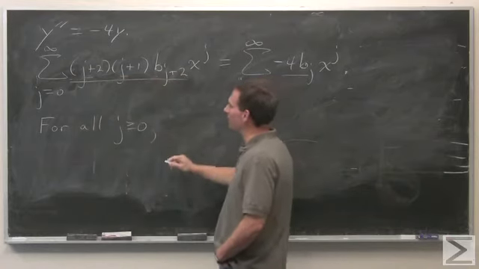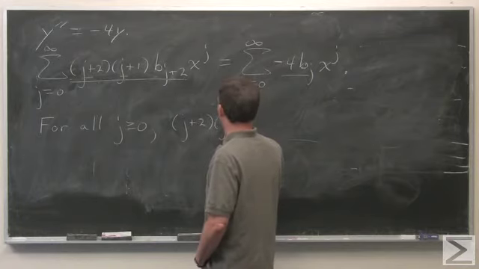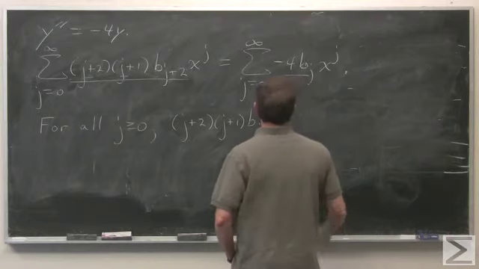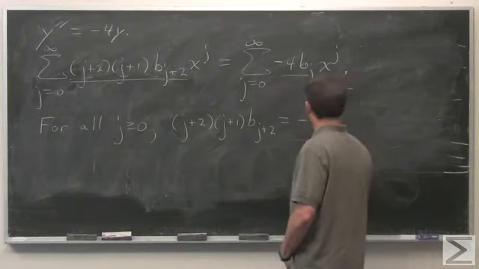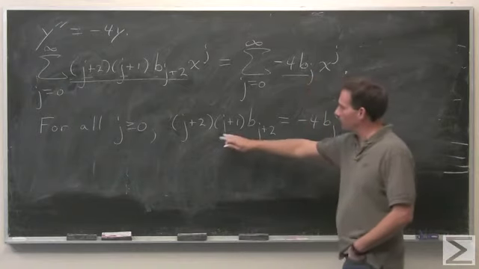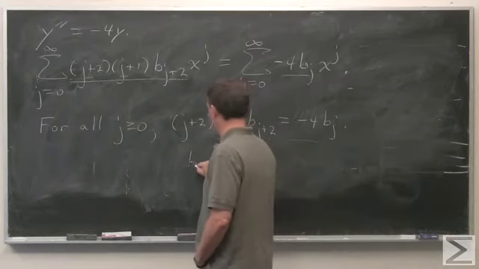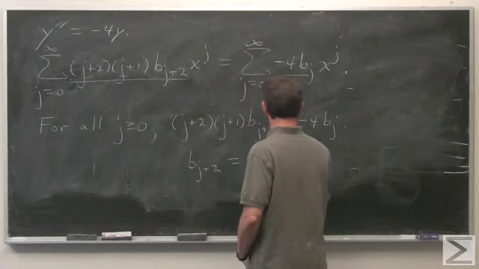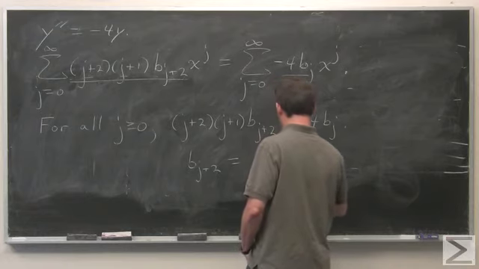So for all j greater than or equal to 0, we need j plus 2 times j plus 1 times b sub j plus 2 to equal minus 4 b sub j. Or what's the same thing, dividing, assuming we've got the earlier ones and want the later ones, b sub j plus 2 is minus 4 b sub j divided by j plus 2 times j plus 1.